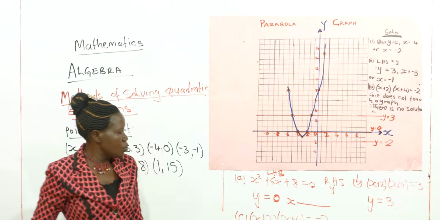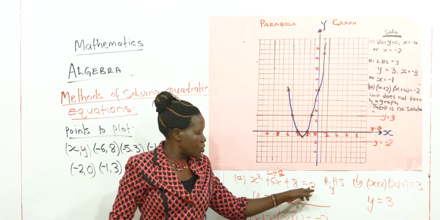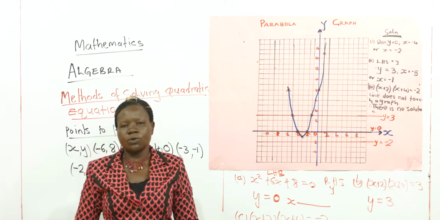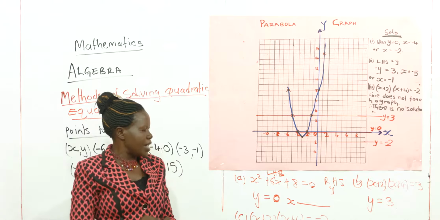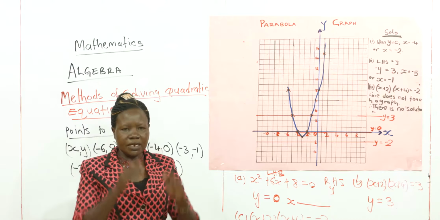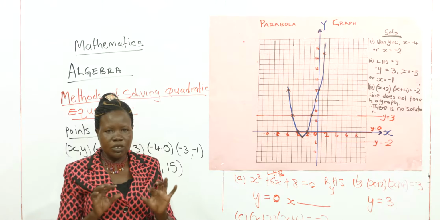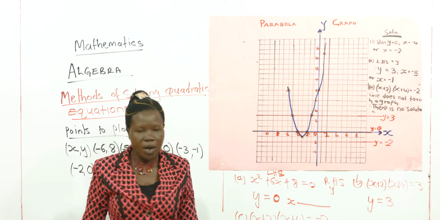To solve, look at what the question has given you. What equals after the equal sign is the value of y, and you locate it on the y-axis and make a straight line. If it touches the graph, you take your reading from the points plotted or marked, and then you get your answer.